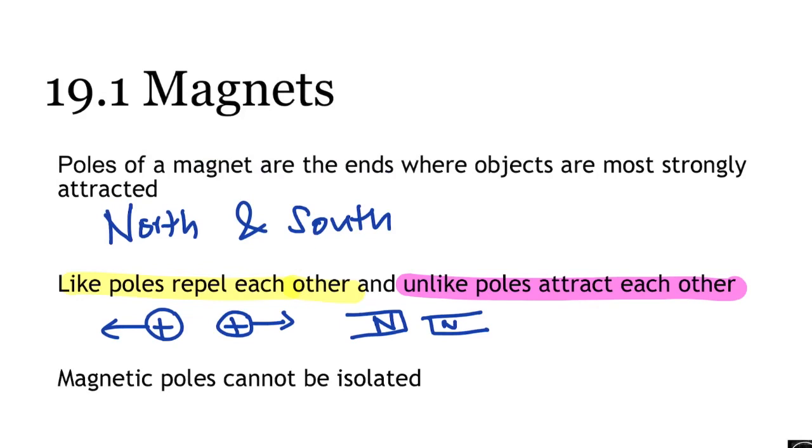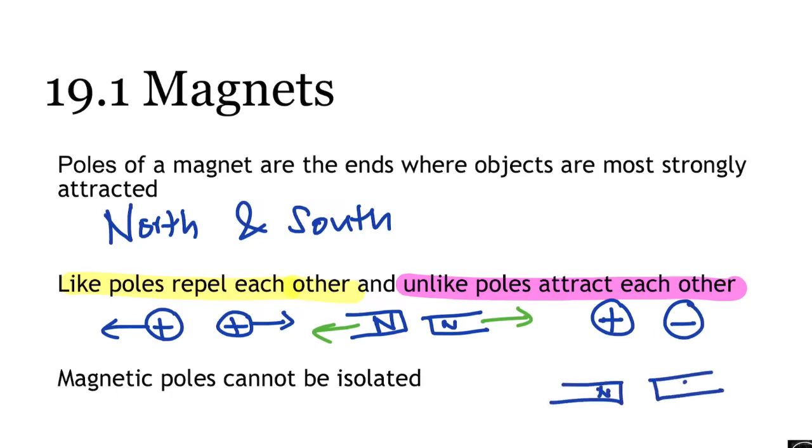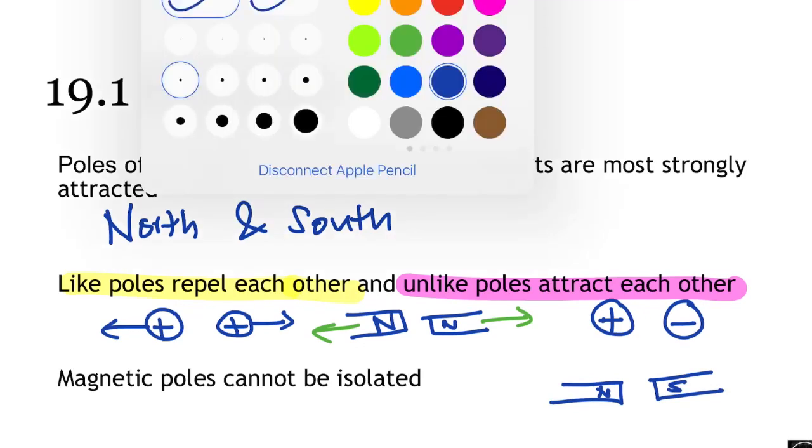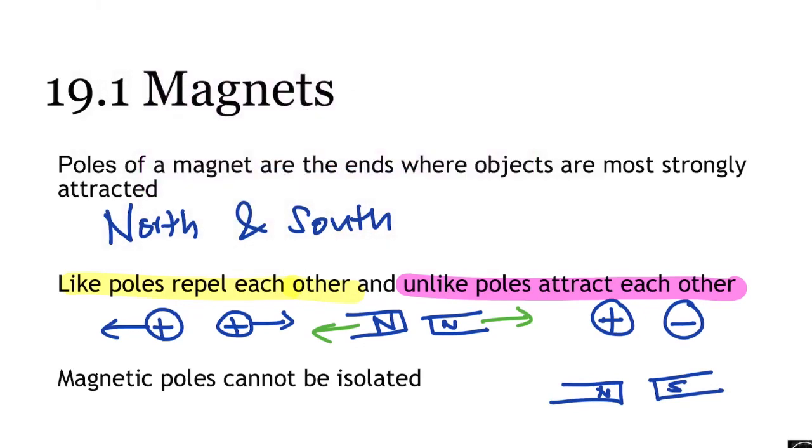They experience opposing forces. But if you have a positive charge meeting a negative charge, or a north pole meeting a south pole, then they are going to attract each other. So they will be attracted to each other. This is the meaning of the characteristic.